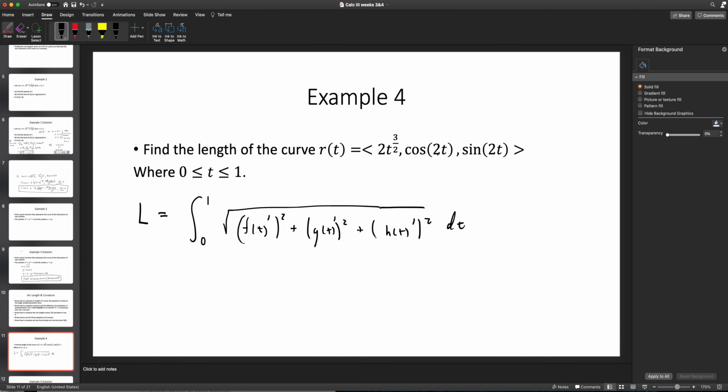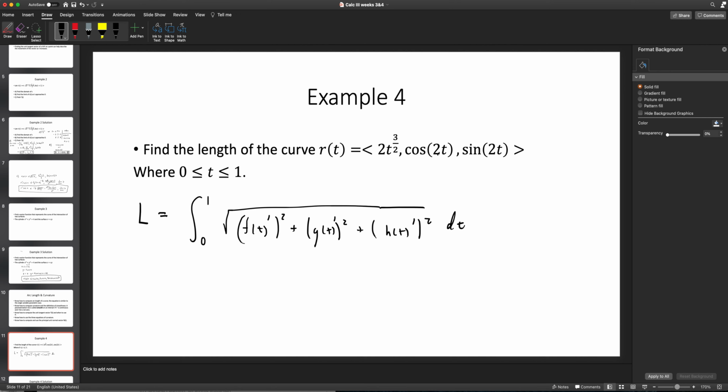Sometimes we'll be using computer software to do these calculations for us because it's much more efficient, but we should at least show the setup of how we do this computation. So first, we're going to use the power rule.